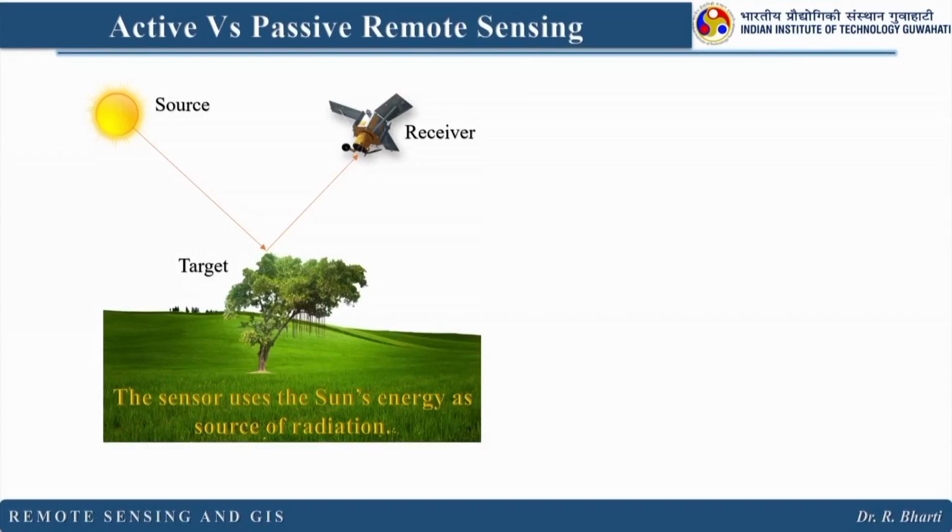You can see here the example of passive remote sensing, where the sun is our source, which illuminates our target or our surface, and the energy gets reflected from the surface and is then captured by our sensors. In this case the sensor uses the sun's energy as the source of radiation.